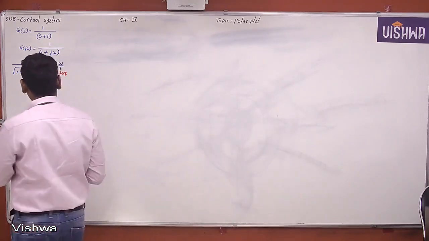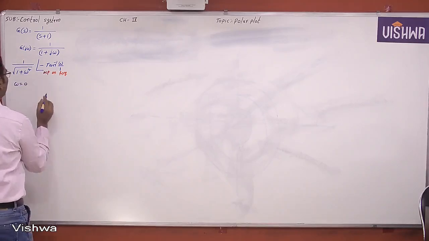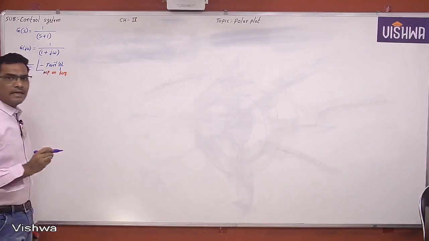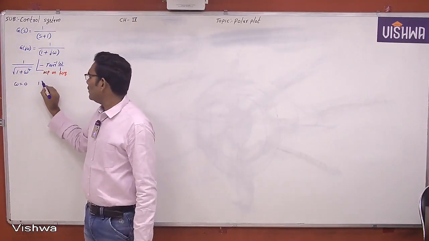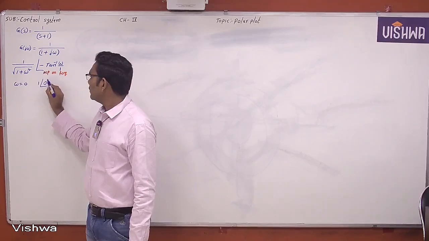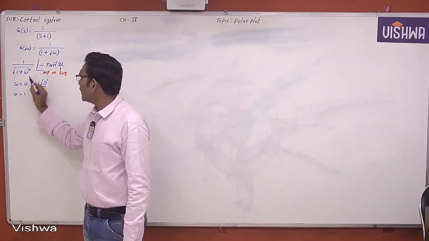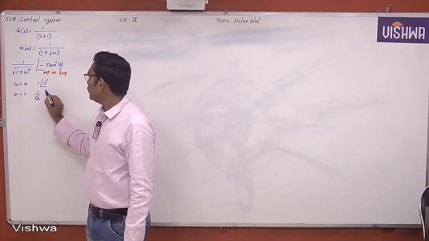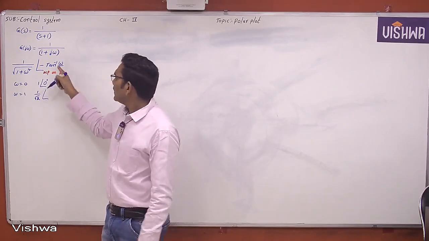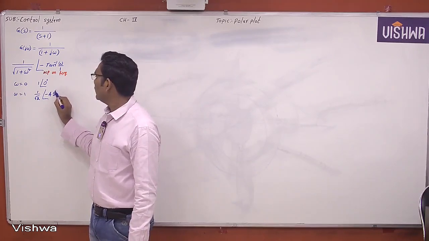Now see here. When omega equal to 0, the magnitude is 1 divided by 1 plus 0, which is 1, and the phase angle is 0 degrees. When omega equal to 1, it is 1 by 1 plus 1, so 1 by root 2, and the phase angle is tan inverse 1, which means minus 45 degrees.